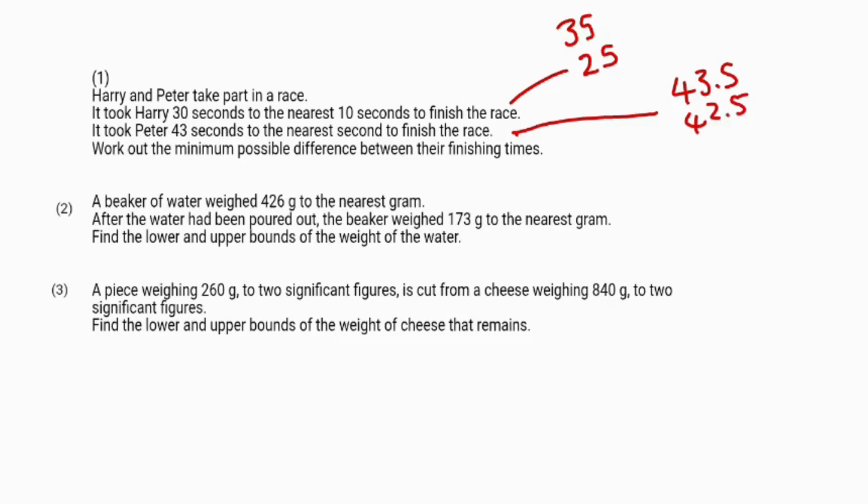So the minimum difference would be the smallest of the, so. For the subtraction, it would be 43 take away 30 if they weren't rounded, right. So we need the smallest of this one minus the biggest of this one. So 42.5 minus 35, which should be 7.5.